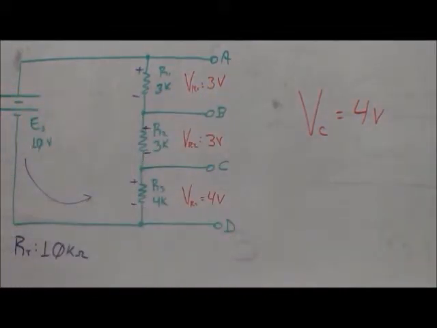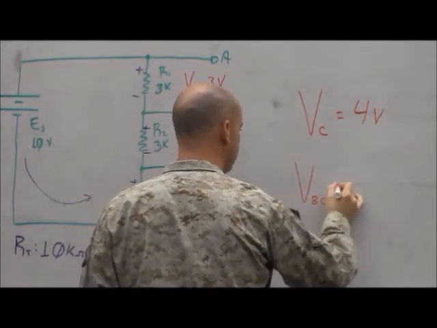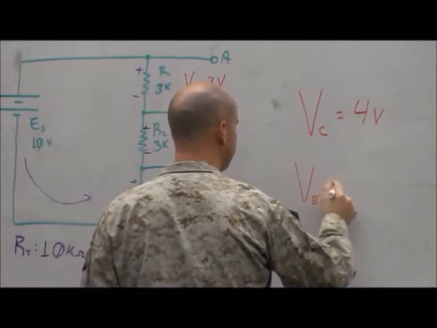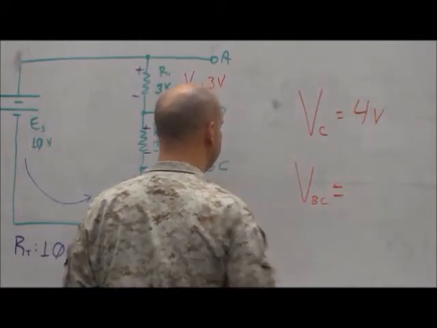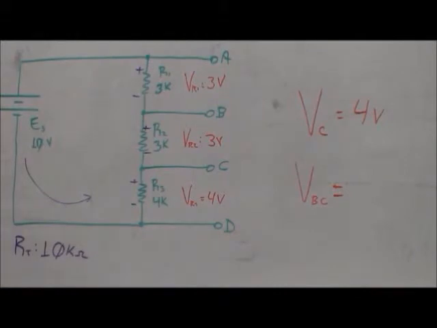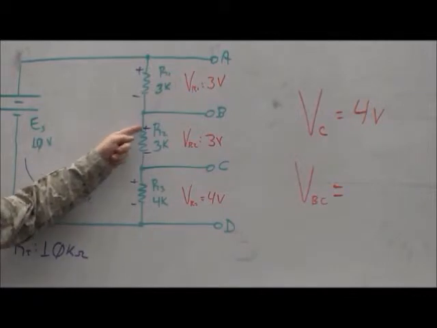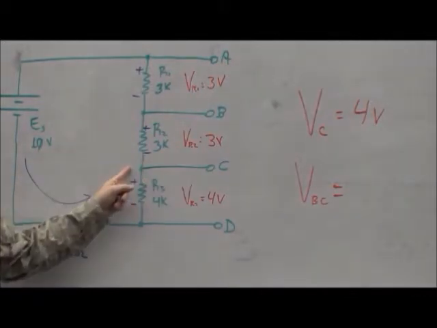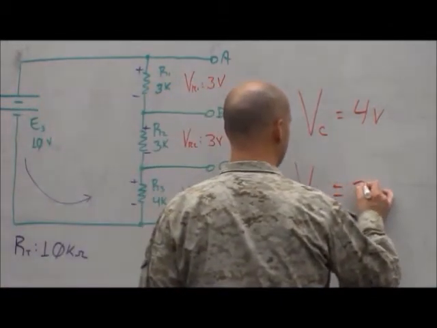Okay. How about the voltage V sub BC? What would that equal? Where would I start? Start at B, I go to the node, down, positive 3 volts, node, C. So that'd be at 3 volts.